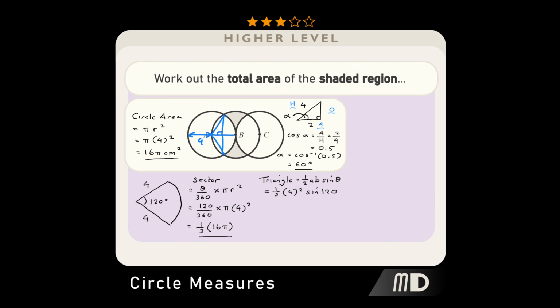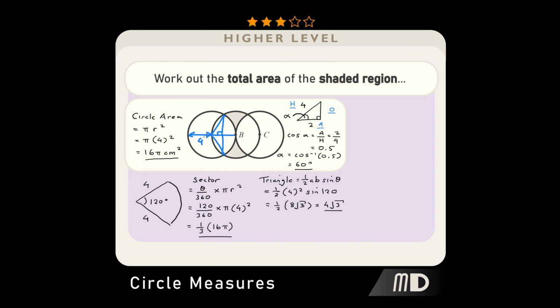And the sine of 120 is equal to 1/2 of root 3, giving us 1/2 of 8 root 3, which is 4 root 3.